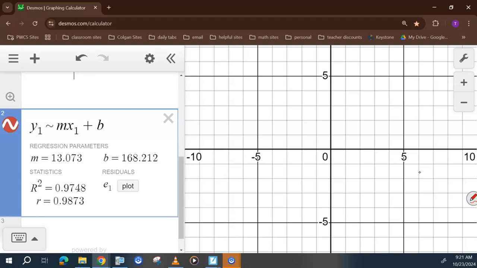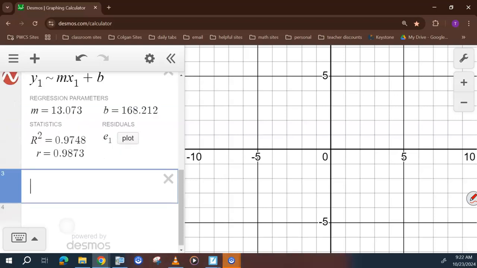Anyone not get that? The order of how it looks doesn't matter, as long as you've got that same m and same b.